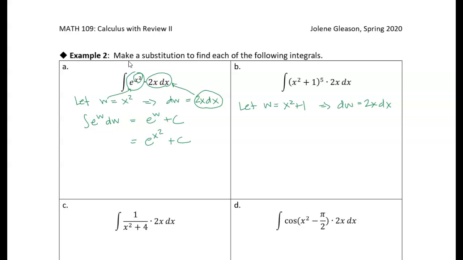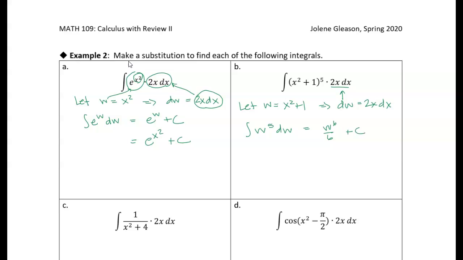So now if I do that substitution, I get the integral of w to the 5th, and then this 2x dx here can be substituted. I can substitute dw. And so that's easy. That's just a straightforward power rule. So we get w to the 6th over 6 plus c.